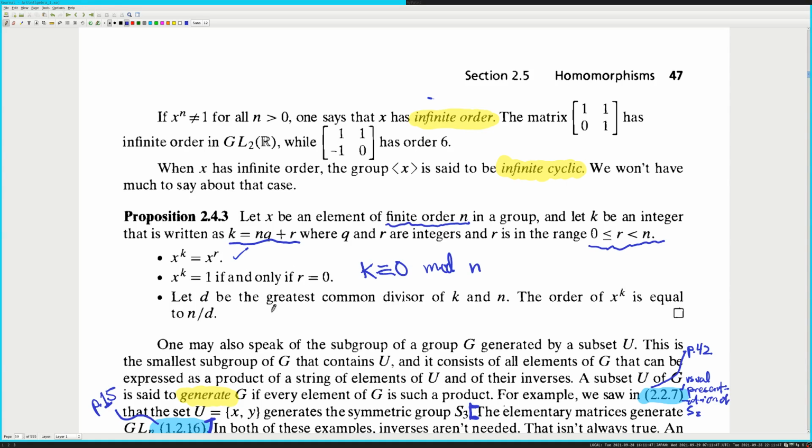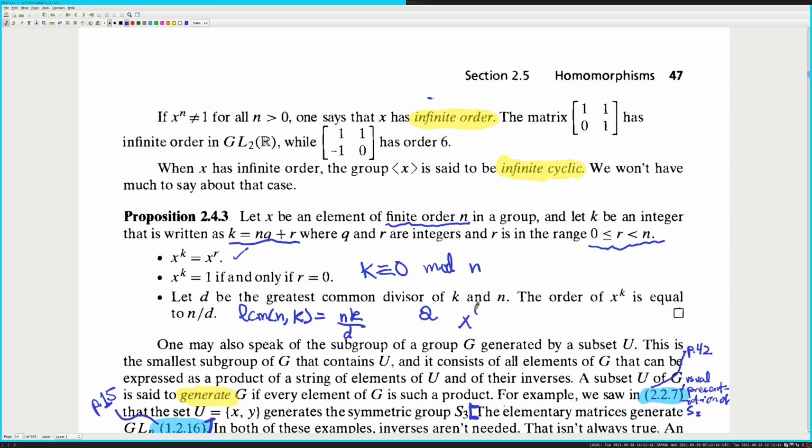So I kind of have the proof in my head. The key fact is that the LCM of n and k is equal to n times k divided by the greatest common divisor. What it would be, so if the order of x to the k is, let's say, capital Q, okay?